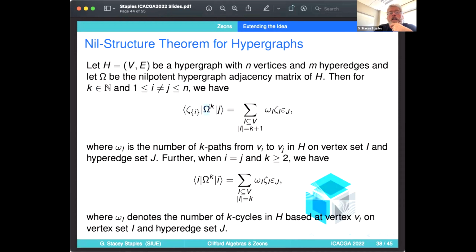Define a nilpotent adjacency operator that represents the hypergraph, and we can formulate algorithms or hop minimal path algorithms for the hypergraph, and it would have the same structure except for maybe the algebraic elements being slightly different. Instead of just zetas, I've also got epsilons, but the structure of the theorem is essentially the same, and the structure of the algorithm is still essentially the same as the previous one.